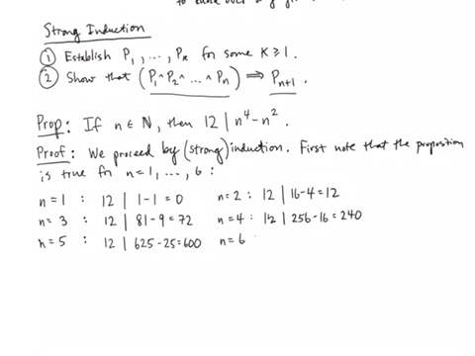And last one, n equals 6, we have 12 divides 36 times 36 is 1296, minus 36 is 1260, and that is 12 times 105. Okay, so that all works out.